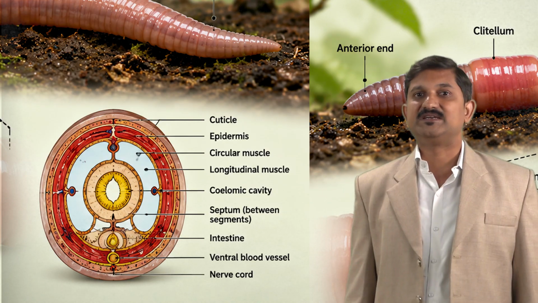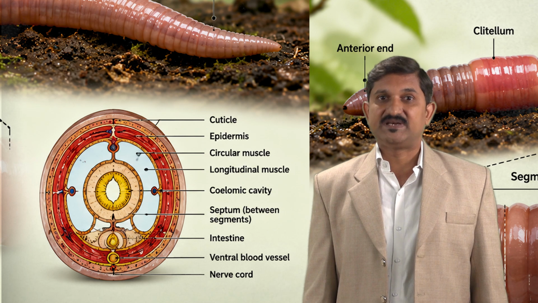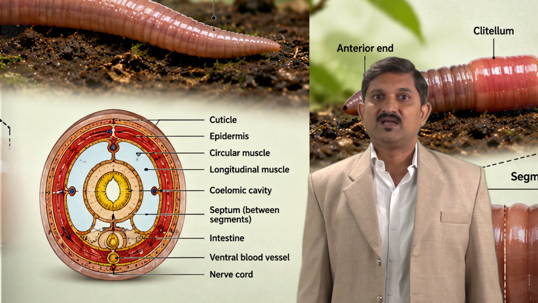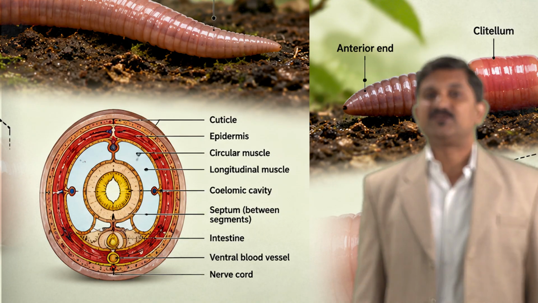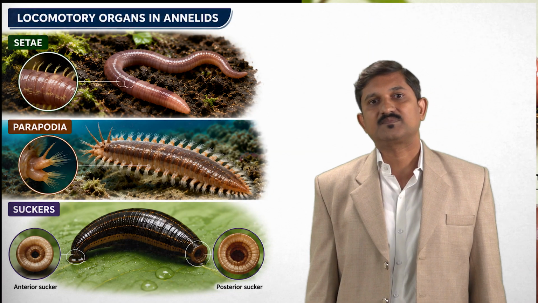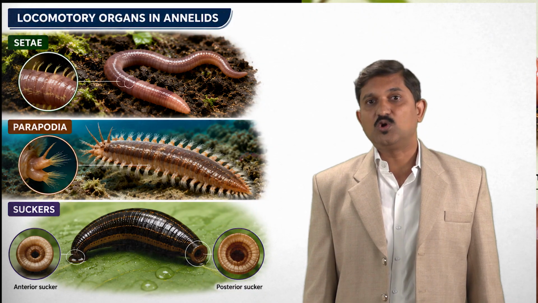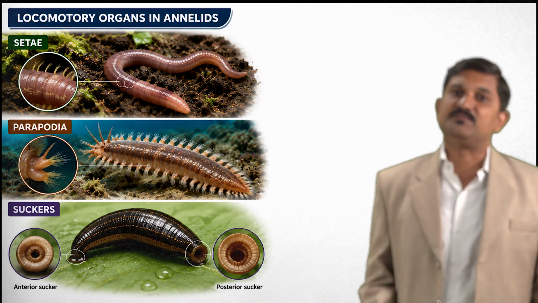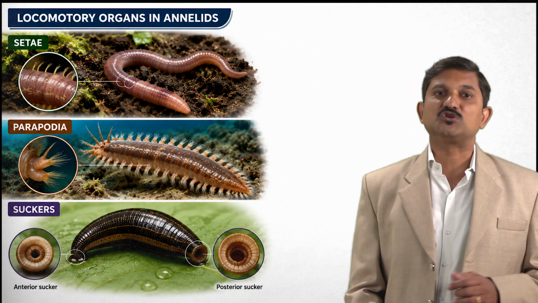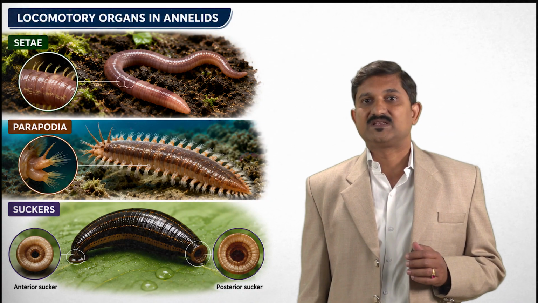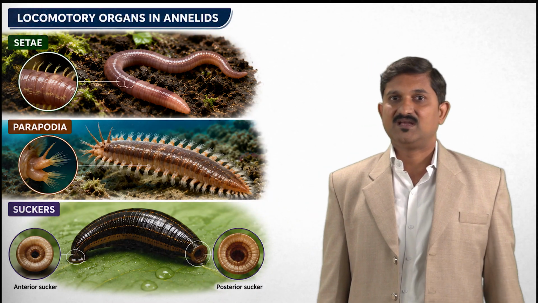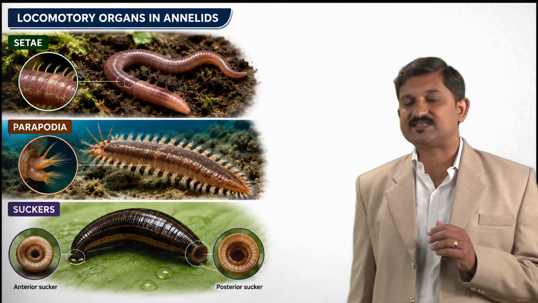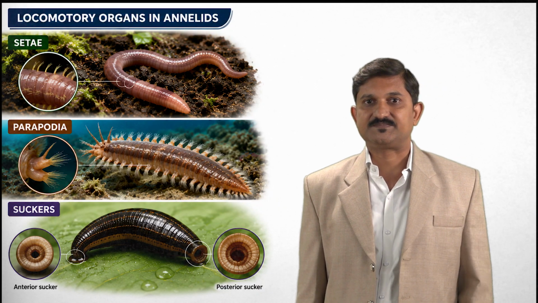The first segment is called the peristomium. An outgrowth known as prostomium arises from the peristomium. As far as the locomotion in these animals is concerned, the locomotion takes place by setae or parapodia. Animals such as leeches have suckers.